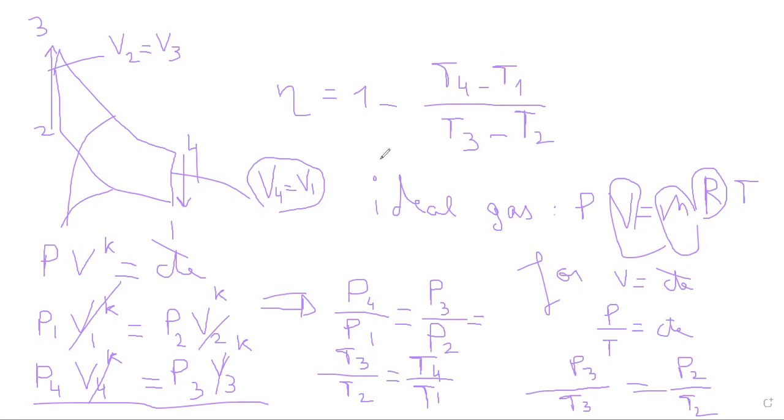This is why working with ratios will simplify things a lot for you. All you have to do, you can take any temperature and factor from both sides. Here, for example, I can say, let me take a T1 as factor. Okay, so I have 1 minus, if I take T1 into factor, I get inside T4 over T1 minus 1.